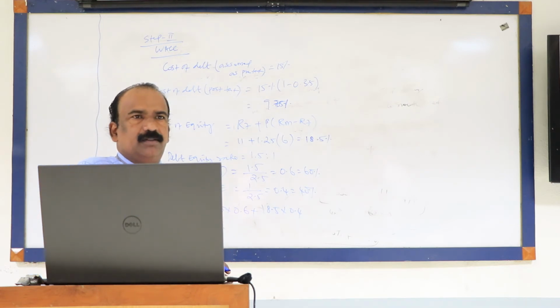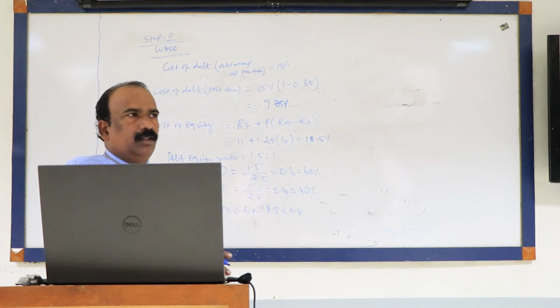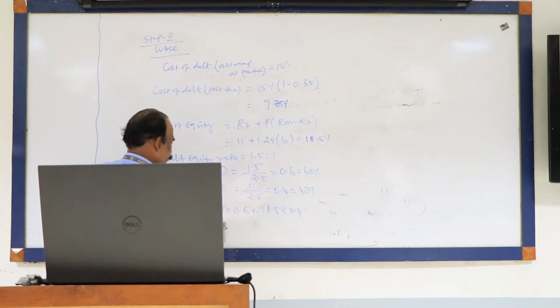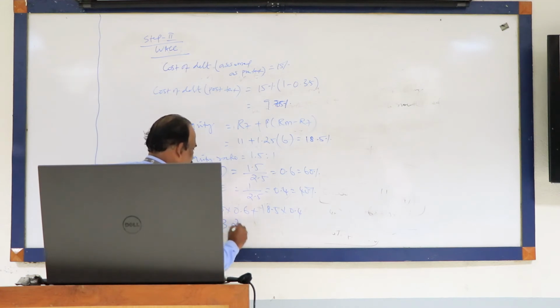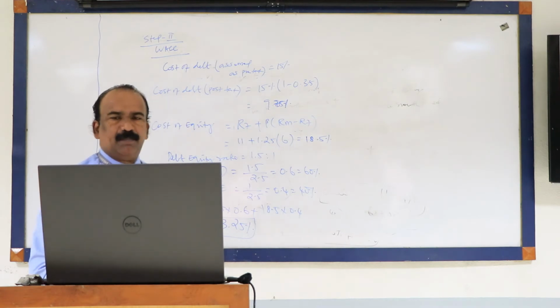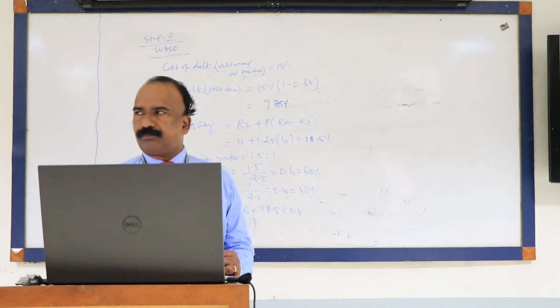Total comes to 13.25. So that is the weighted average cost of capital for the high growth period.